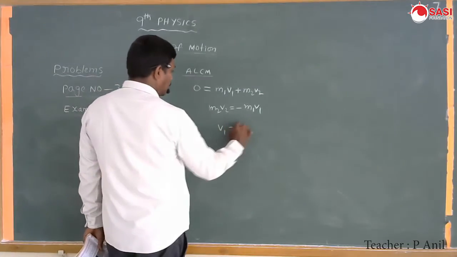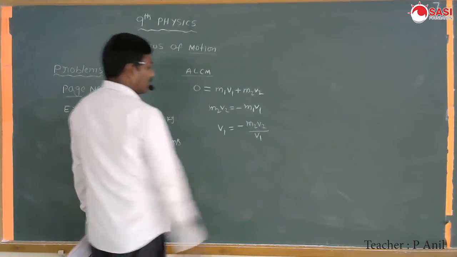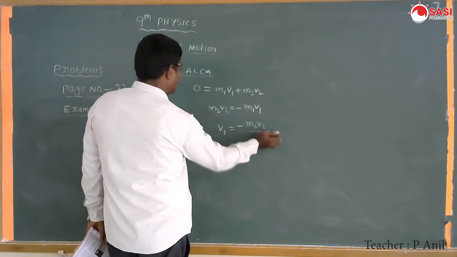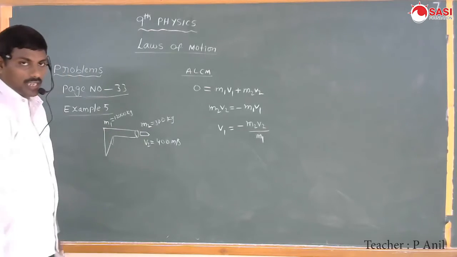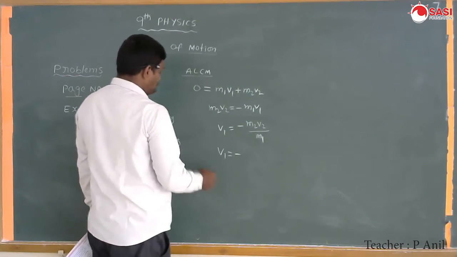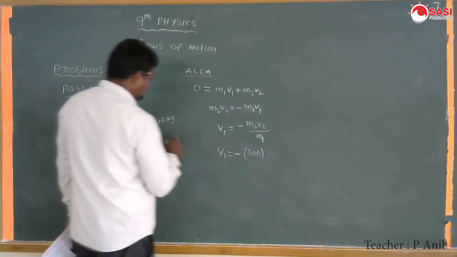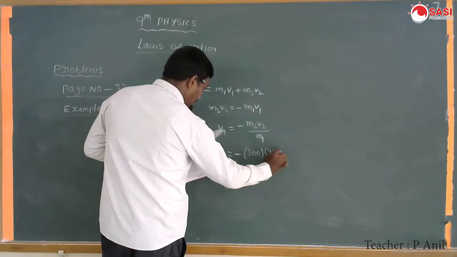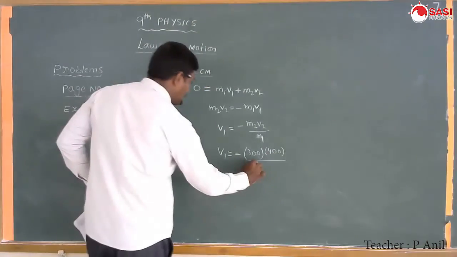1 represents the cannon, 2 represents the bullet. v1 is equal to minus m2 v2 by m1. v1 is the velocity of the cannon. v1 is equal to minus, m2 is given as 300, the velocity of the bullet is 400, by the mass of the gun, 12,000.